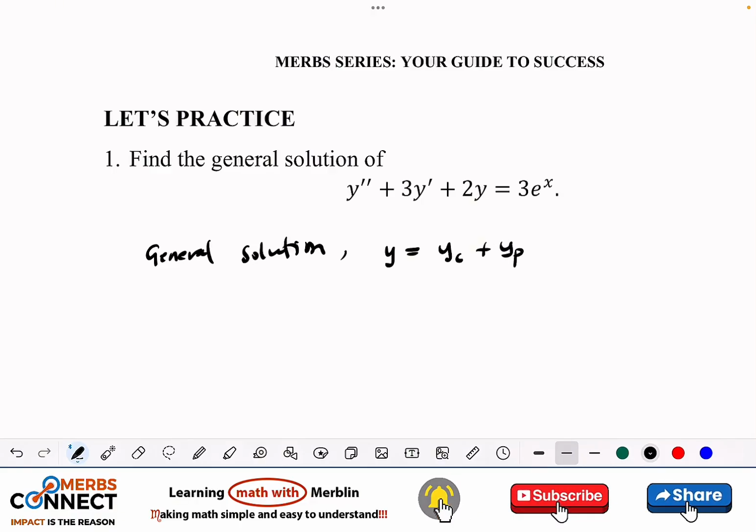Now the yc is the complementary solution, and then the yp is the what? The particular solution. So the first thing that we need to look for is the complementary solution. So this guy here is the complementary solution. And then yp is the particular solution.